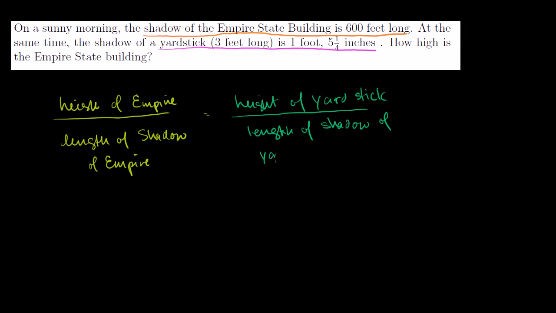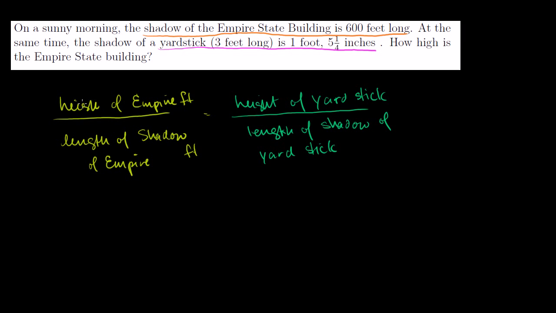of yardstick. Now, this problem looks a little bit hairier because we have feet here, and then we have 1 foot 5 1/4 inches. You can do everything in inches or everything in feet. The interesting thing is you can look at the units. As long as we calculate this in feet, and we calculate this in feet down here, these units are going to cancel out.